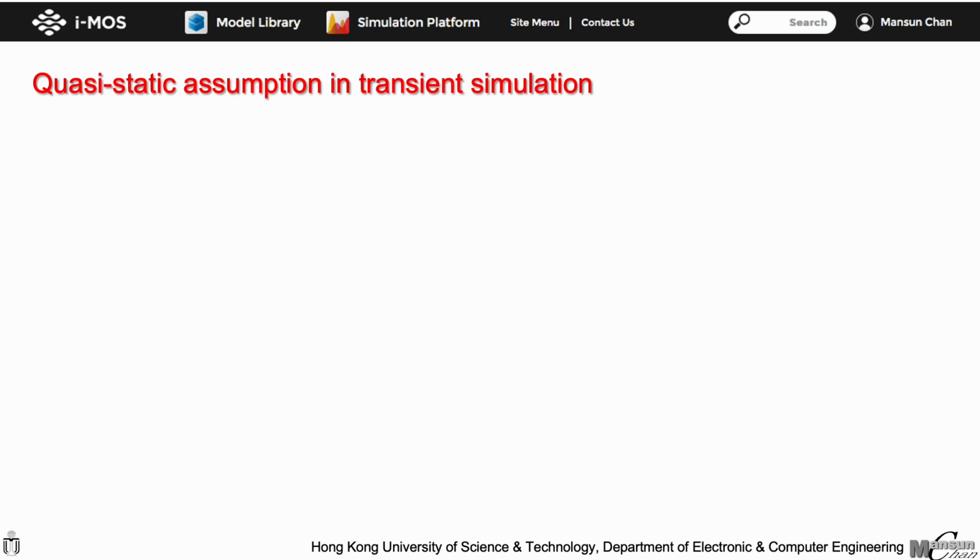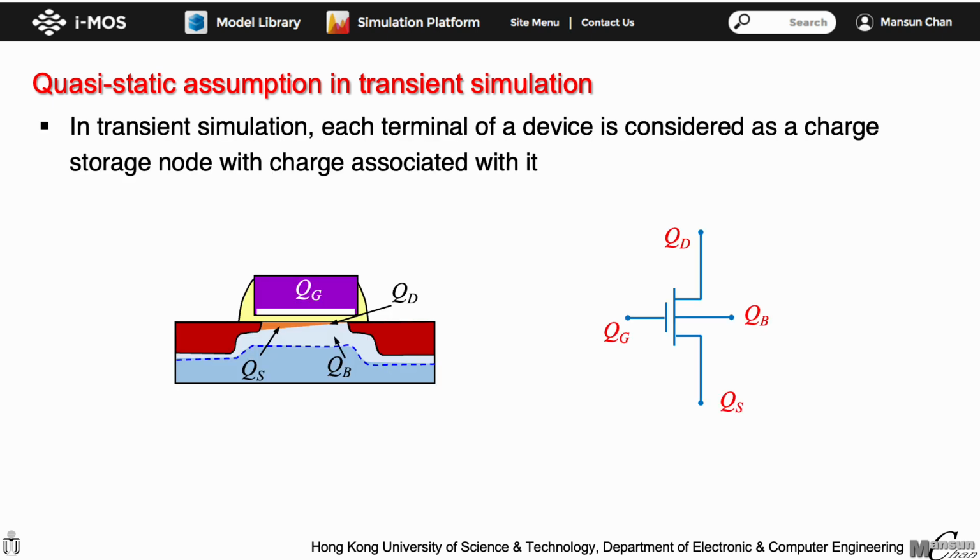The distributed nature of a physical device not only affects the formulation of the high-frequency domain model, but also the behaviors of the transient model during fast switching. In transient simulation, charges are associated with the terminals, and the charging and discharging of the terminal nodes contribute to transient currents.